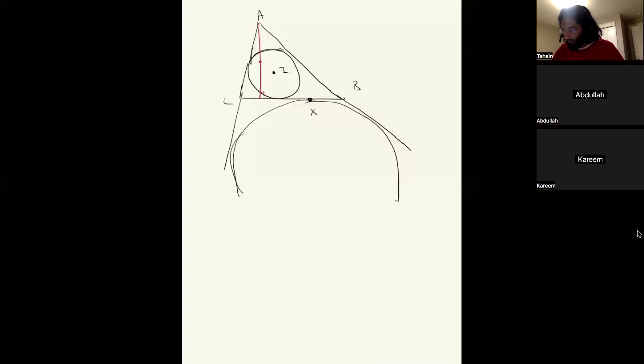But again, maybe another way of doing this that will be useful is to define Z prime as the intersection of XI and the altitude.